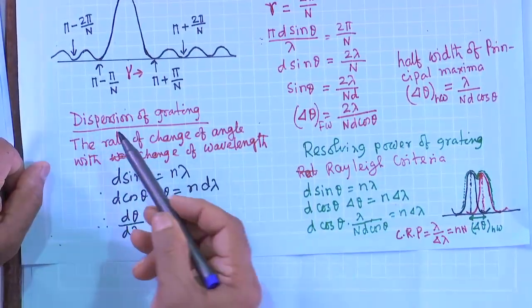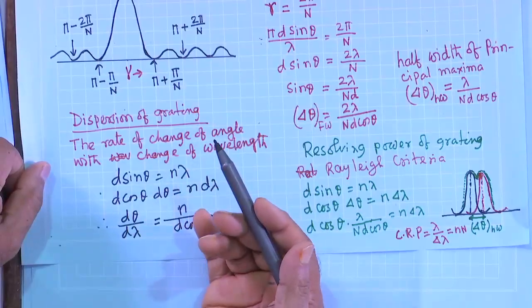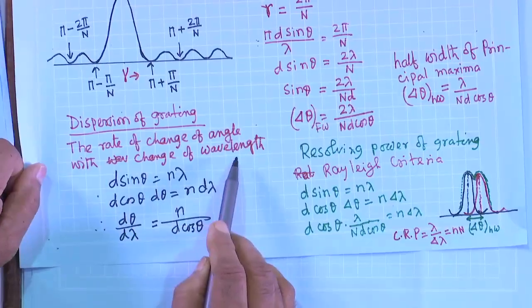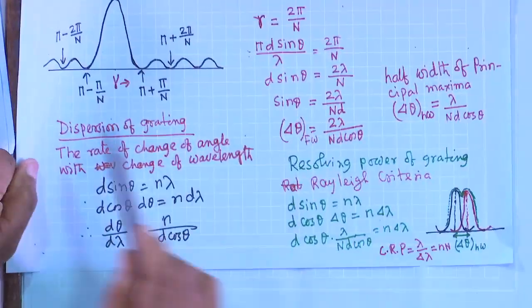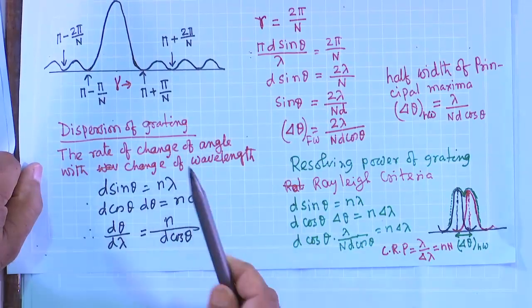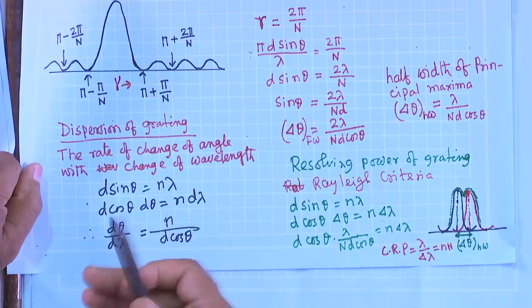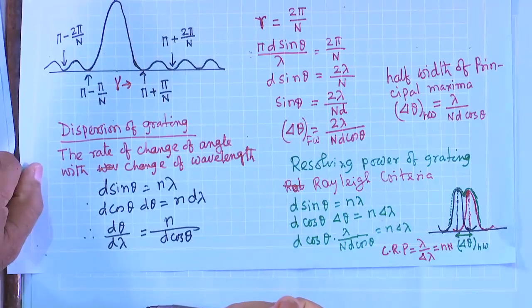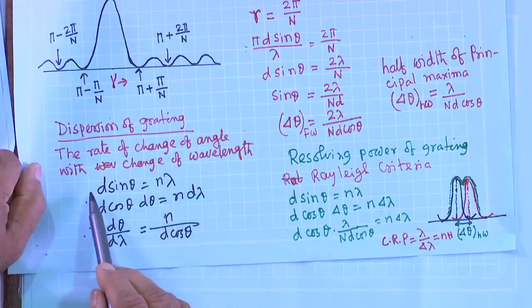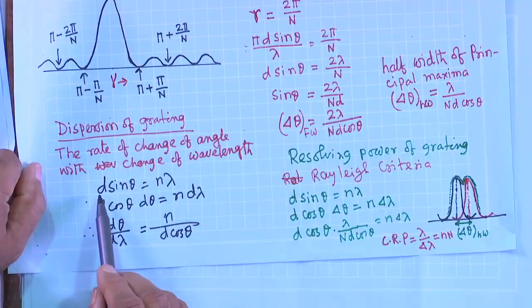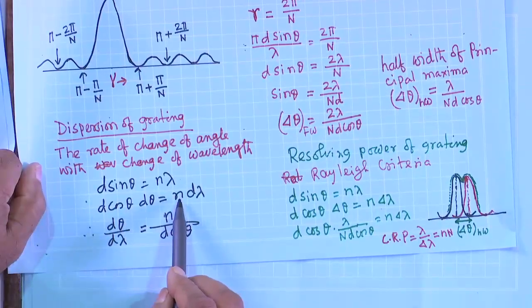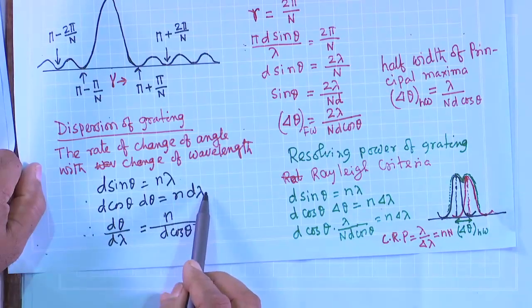Now, dispersion of the grating, the dispersive power of the grating. What is dispersive power? The rate of change of the diffraction angle with the change of the wavelength. If the wavelength is changed, what will be the change of the angle of diffraction for the same order? We know for the diffraction principal maxima the condition d sin theta equal to n lambda, so d cos theta d theta equal to n d lambda.